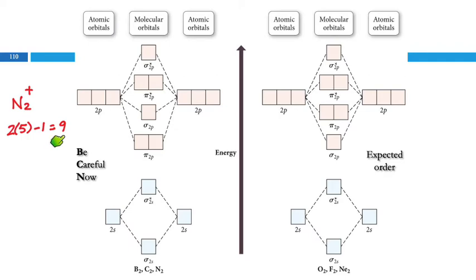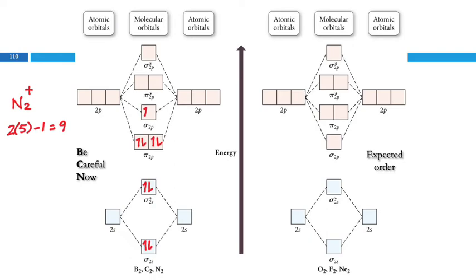So I'm going to take my 9 electrons and put them into the molecular orbitals up the middle here. So we start at the lowest energy. There's 1, 2, 3, 4, 5, 6. He's going to take his own orbital because he can. 7, 8, 9.